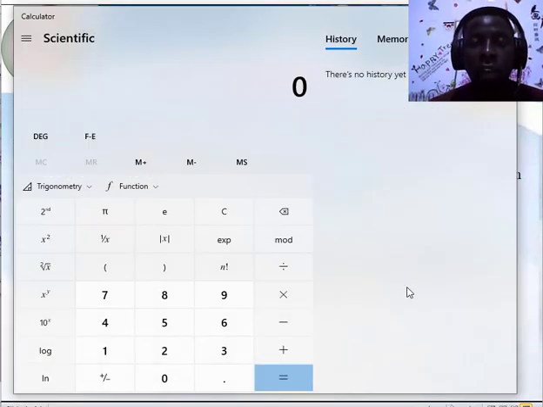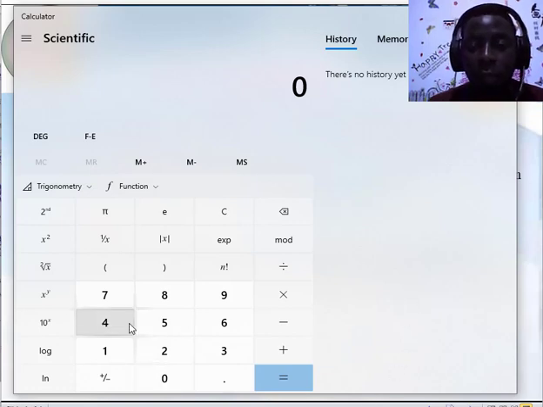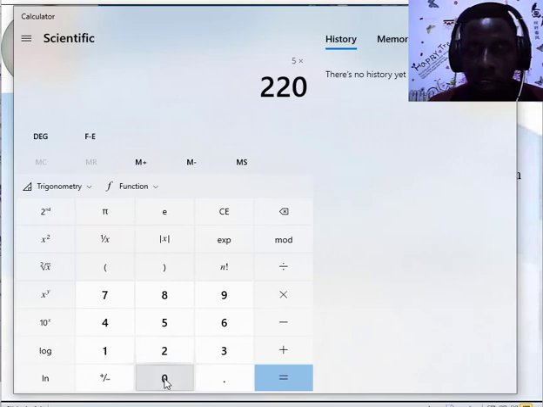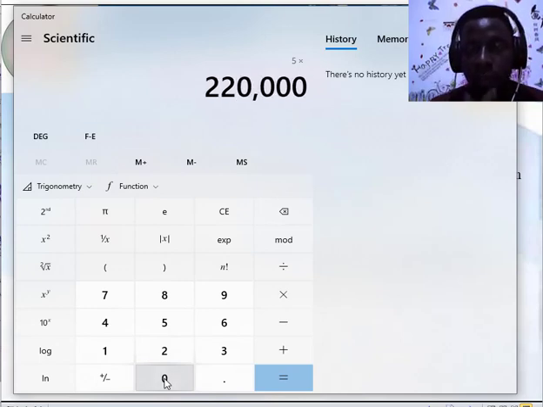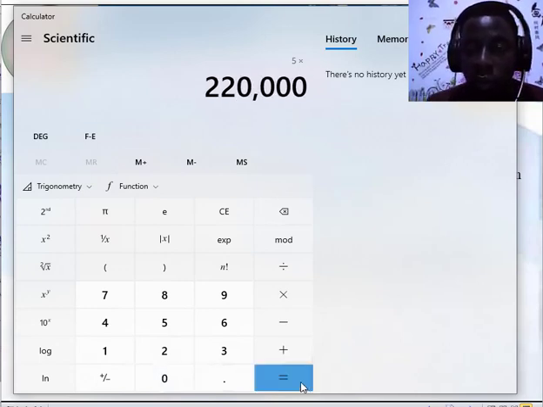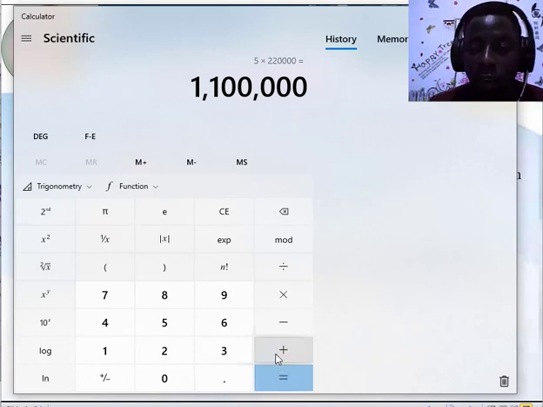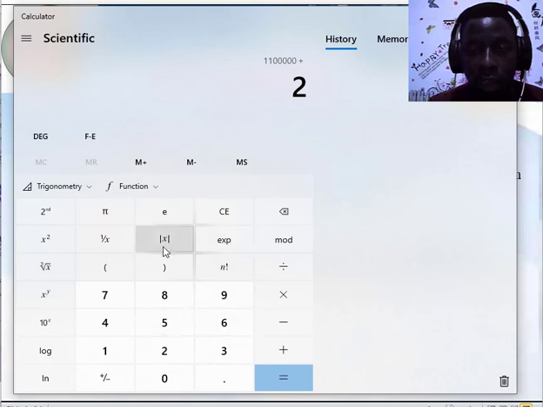Okay, that's our calculator. So we have said that 5 people are being paid a sum of 220,000. So 5 times 220,000 will give us a total sum of 1,100,000, plus 2 people are paid 500,000 francs each.